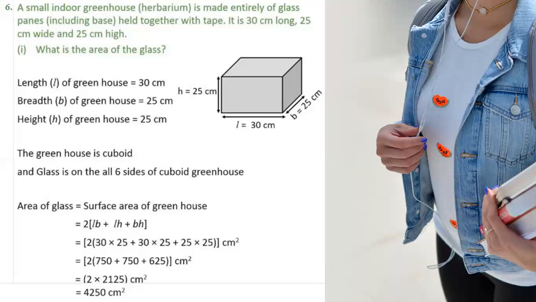This glass is covering all the 6 sides of the cuboid. So the area of the glass is equal to the surface area of the cuboid. That is nothing but the total surface area of the cuboid. So the formula for total surface area of the cuboid is 2 of LB plus LH plus BH. Now substituting the values of L, B and H in this equation, we get 4250 centimeters square.